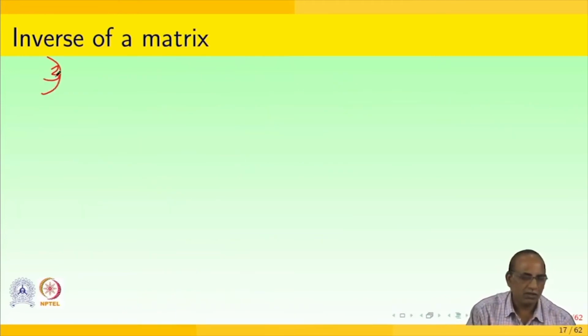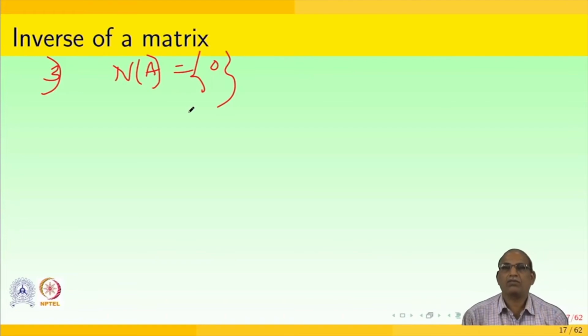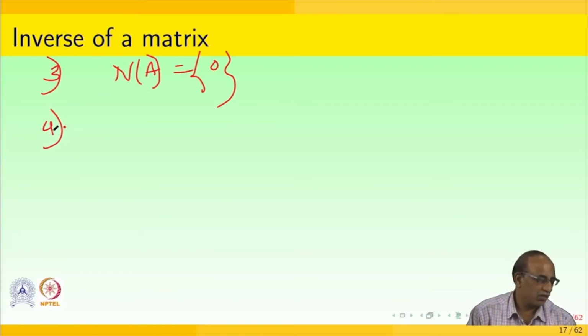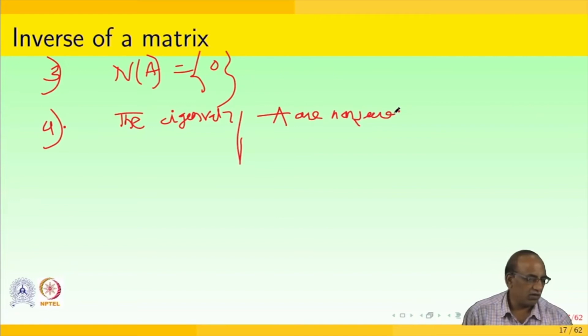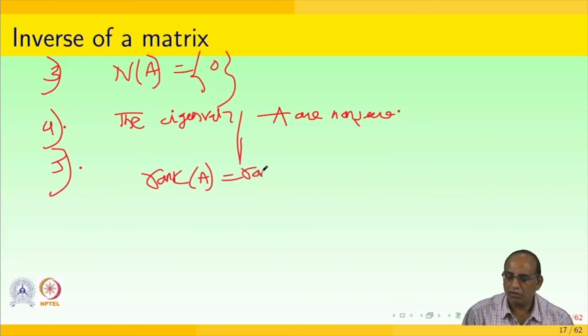Third point is nullity of A is equal to 0. The fourth point is the eigenvalues of A are all non-zero. The fifth point is rank of A is equal to rank of A transpose, which is equal to n.